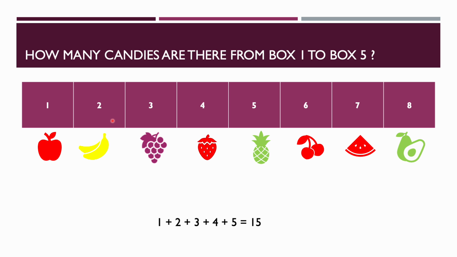What happens if that person comes again and asks us, okay, fine, now tell me how many candies there are from box 1 to box 5? We again will open up every box, count the number of candies, sum it all up from box 1 till box 5, and then tell the answer. Twice is also fine.